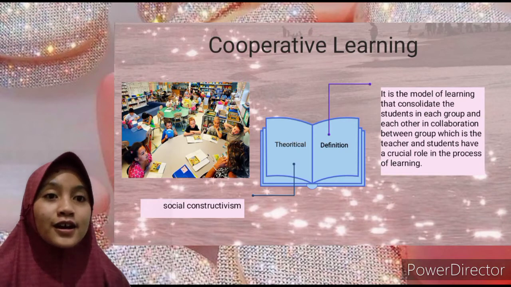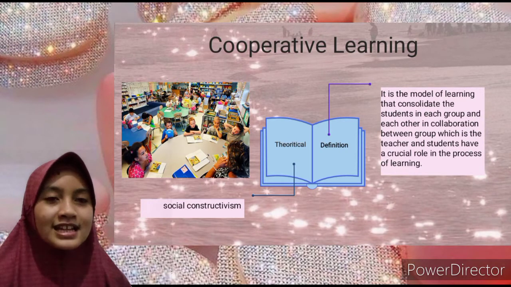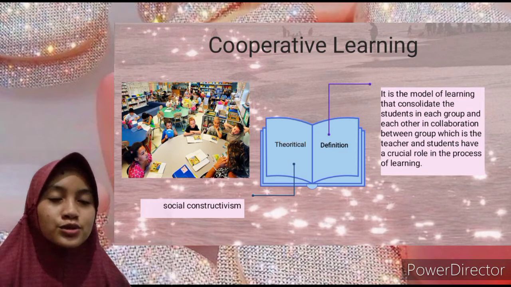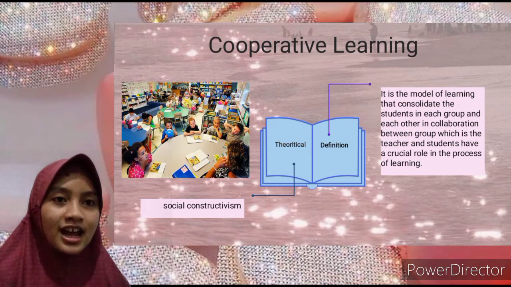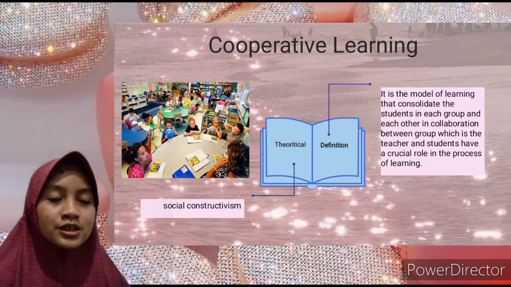Cooperative learning. Cooperative learning is the model of learning that consolidates the students into each group and collaboration between other groups. In this learning, students and teachers have a crucial role.